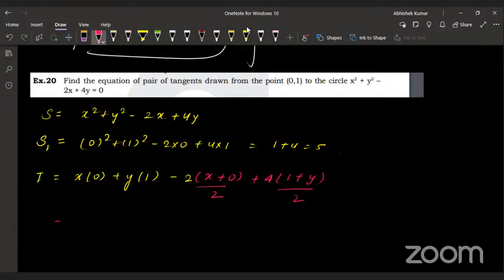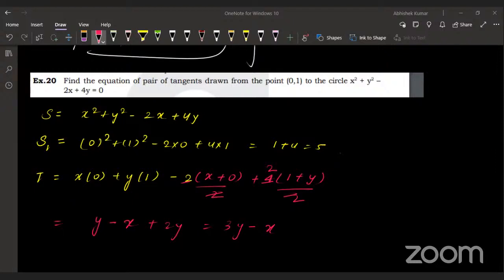Okay, solve it. What will you get? This is 0, that is y. Here it will cancel out. So y minus x, it will cancel out, and you will get 2y. So what do you have? You have 3y minus x. So you have already got everything, right or not?